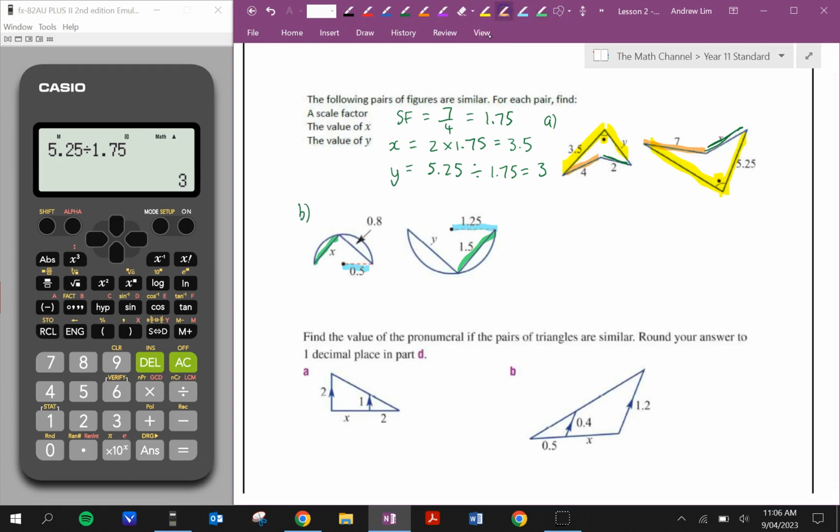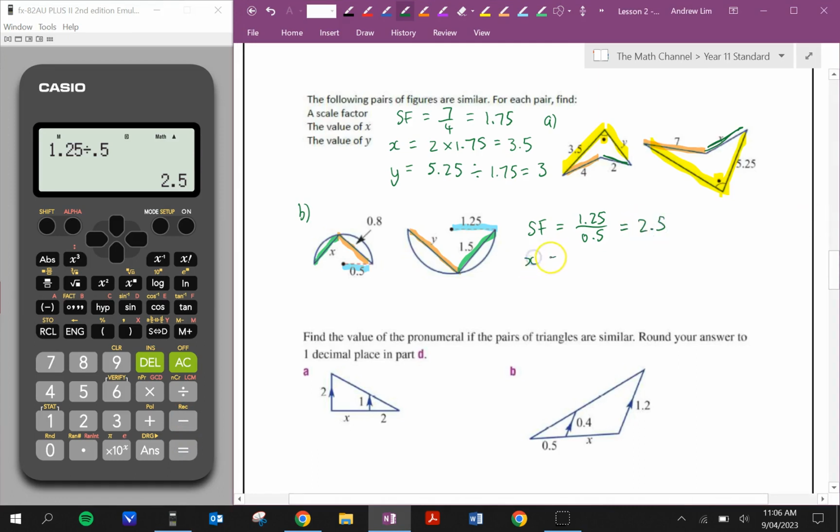And therefore, we can say that the 0.8 corresponds with that y. So, similar figures. The scale factor is equal to, well, the only ones that match that we have numbers for is the blue ones, 1.25 over 0.5, which is 2.5.